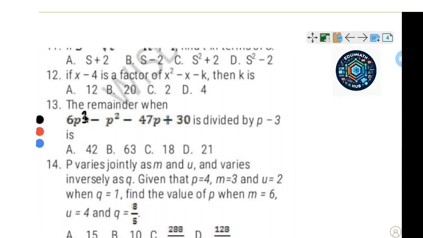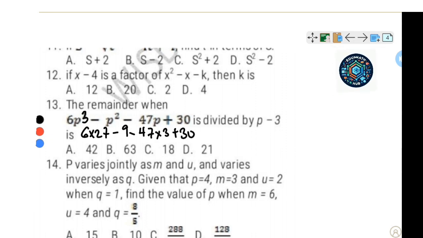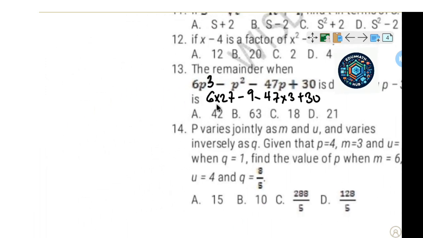3 to the power 3 will give you 27. So you have 6 times 27, minus p squared, that's 3 times 3, that will give you 9, minus 47 times 3, then plus 30. So if you evaluate that, 6 times 27 will give us 162.